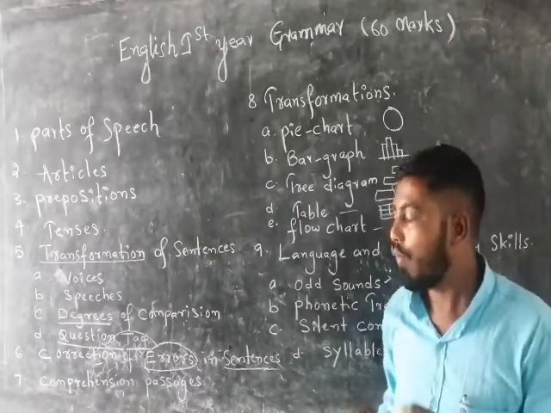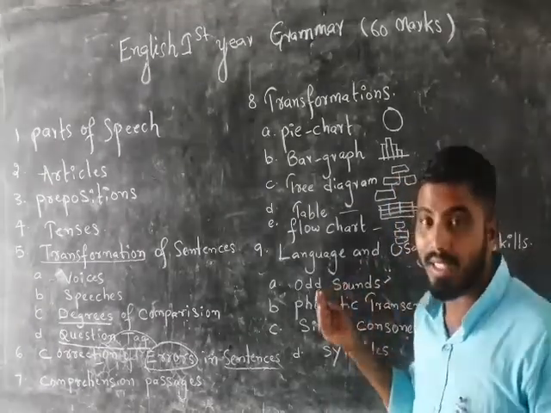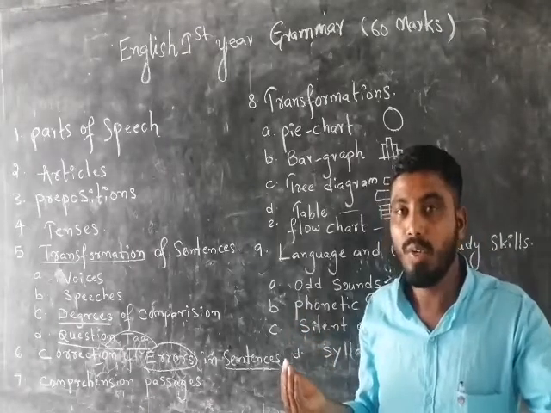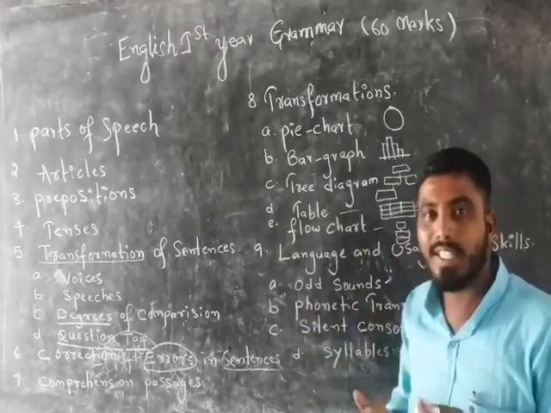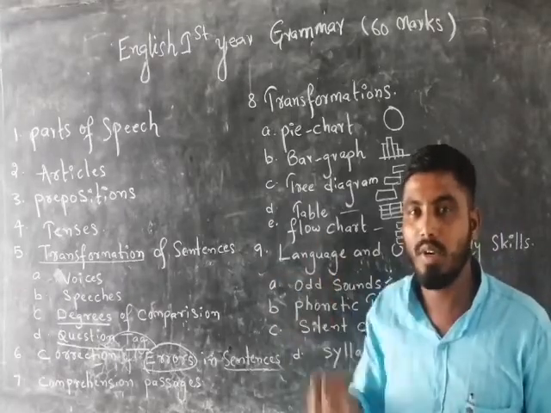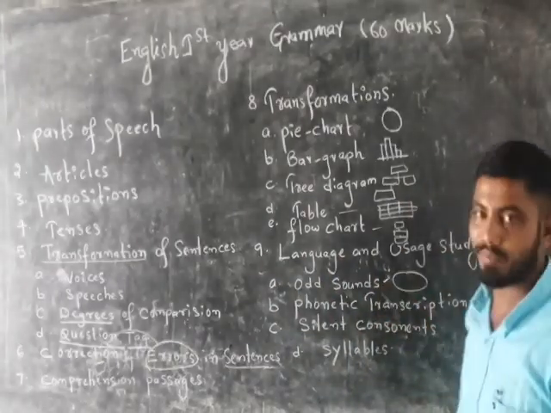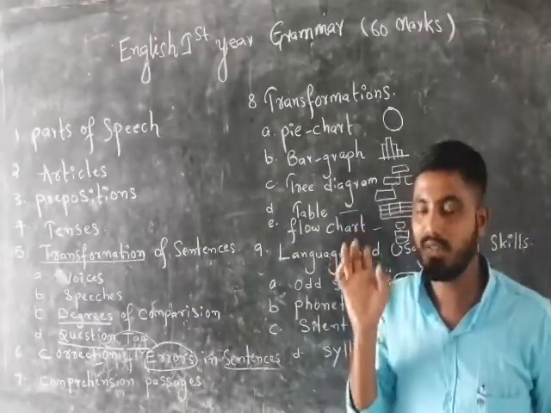While you pronounce the words, the pronunciation of the underlined letters will be different. We need to identify the different sound among the 4 words and circle it. That is called odd sound.